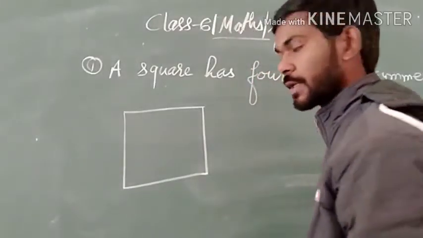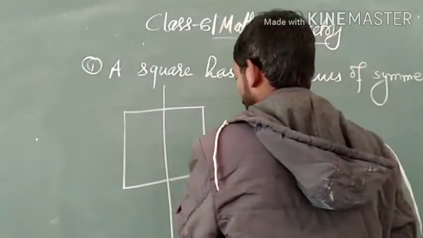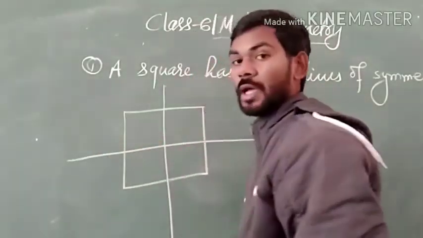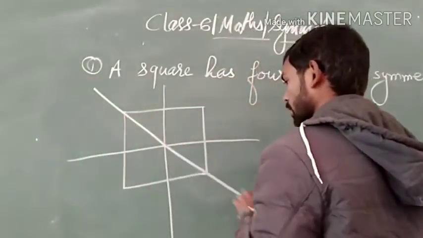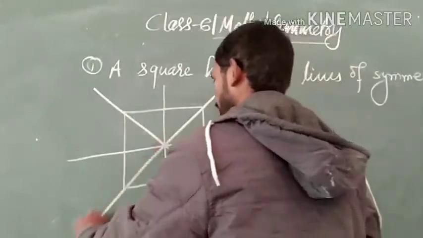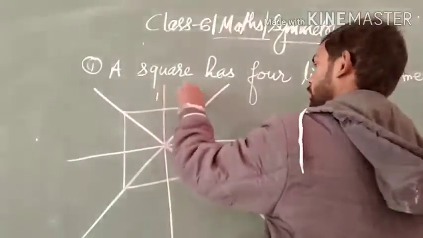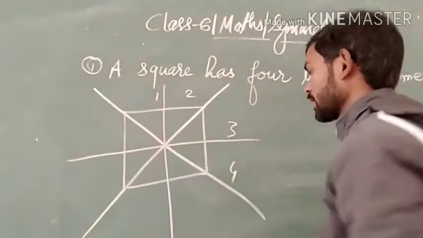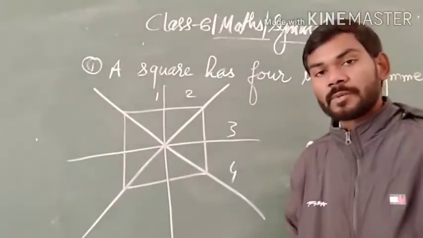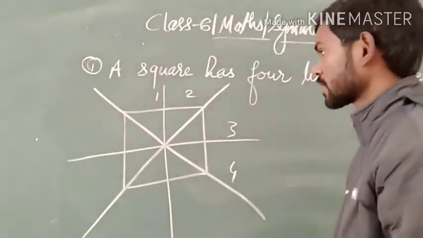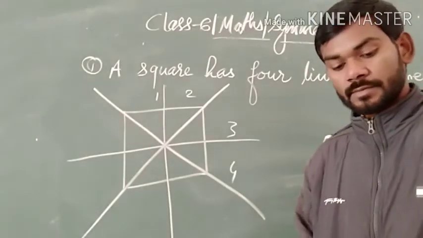In this figure, we can see that it can be divided vertically and horizontally, as well as through the corners. So therefore, if we count, we shall find that there are 1, 2, 3 and 4. That is why a square has four lines of symmetry. First thing is a square has four lines of symmetry.